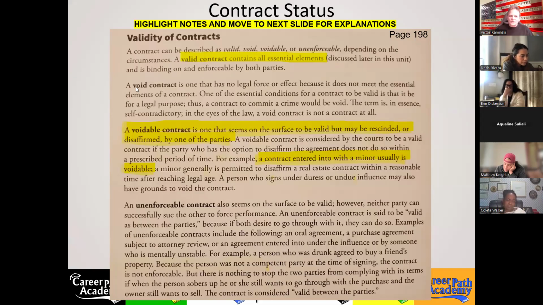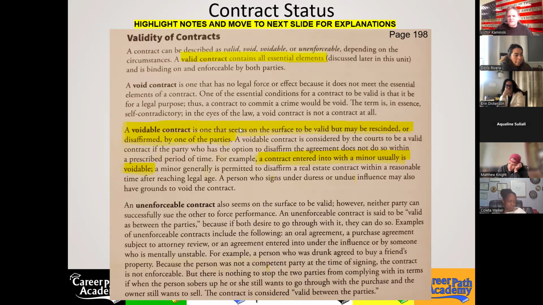Now, a void contract is a contradictory term in itself, because a void contract isn't a contract at all, because it's missing one of the essential elements by definition, right? Or it's already been canceled for some reason. So it's not an enforceable contract. So let's highlight here: a voidable contract is one that seems on the surface to be valid, but can be rescinded or disaffirmed by one of the parties.